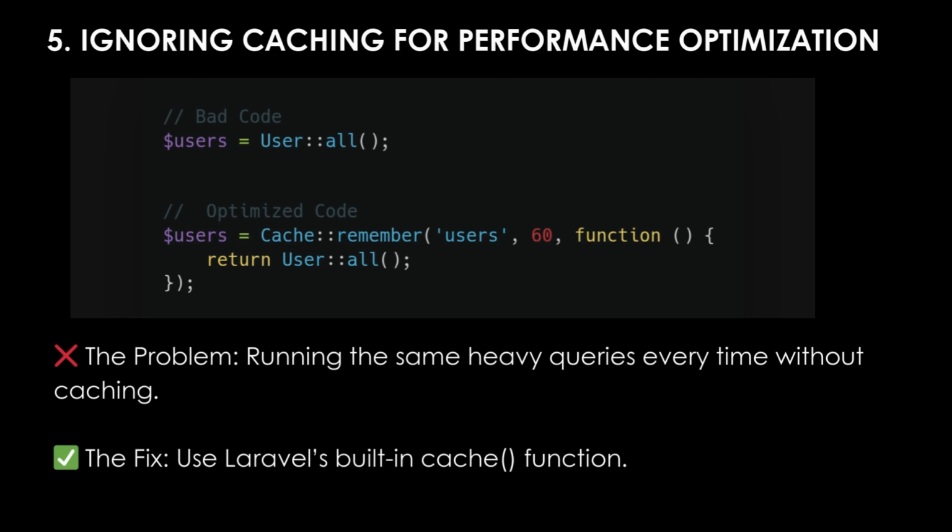So how to fix it? Use Laravel Cache::remember to store results temporarily. So the optimized version of the code uses Cache::remember. So $users = Cache::remember('users', 60, function () { return User::all(); }). So this stores the results for 60 minutes, reduces the DB load, and speeds up the app.